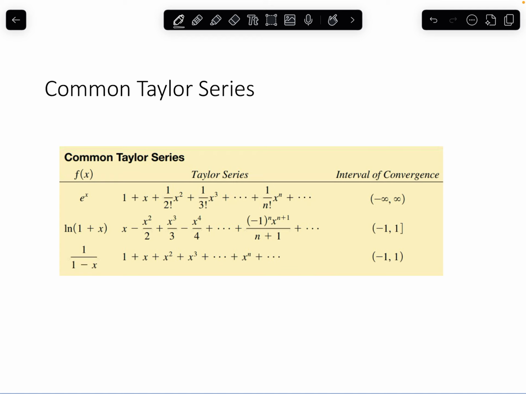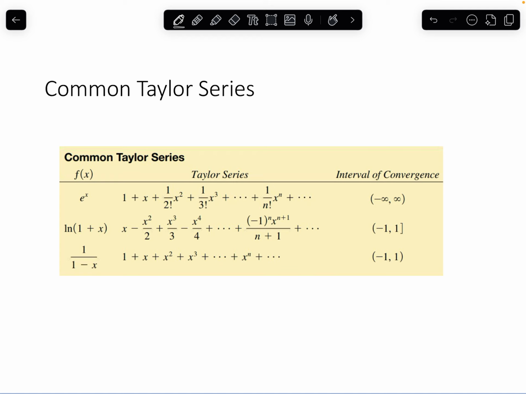The general term for this is -1 to the nth power times x to the n plus 1 divided by n plus 1. This interval of convergence is from -1 to 1, including that positive 1 there at the end.